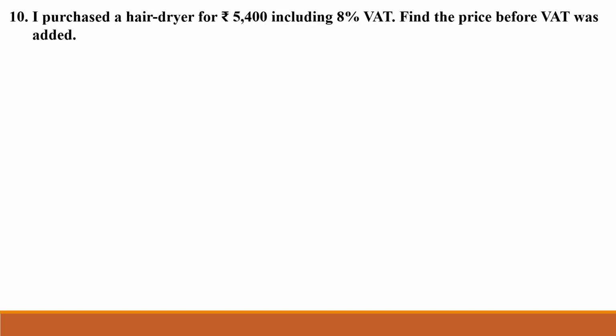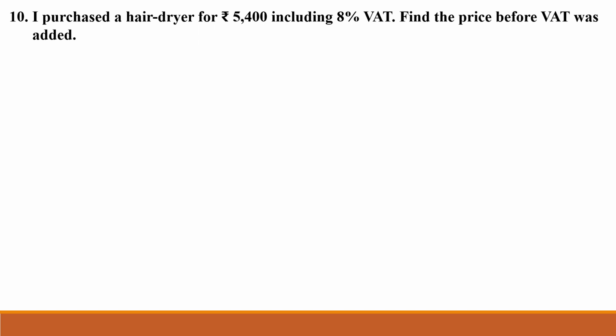This is question number 10. It says I purchased a hair dryer for rupees 5400 including 8% of VAT. The full form of VAT is value added tax. We need to find out the price of the hair dryer before the VAT was added.